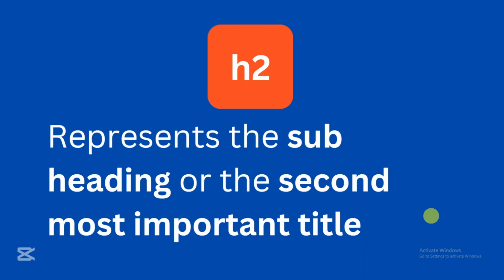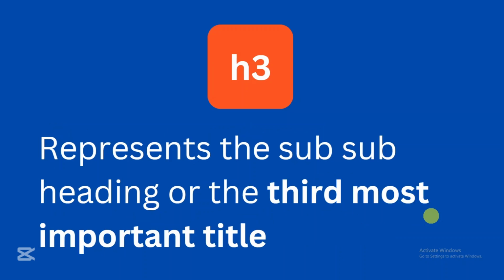When we go to the next level, which is H3, H3 will represent what we will say a subheading or the third most important title that you will need on your web page.